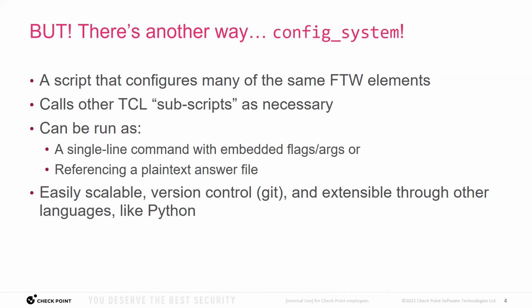Now, this script can be run as either a one-time single-line command with all of your arguments and flags embedded in this very long, depending on how long it is, line of characters, or it can be applied using a list of key value pairs inside of a plain text answer file.